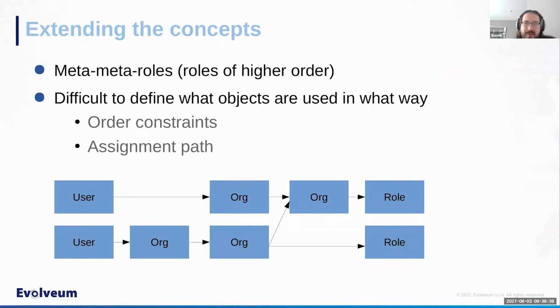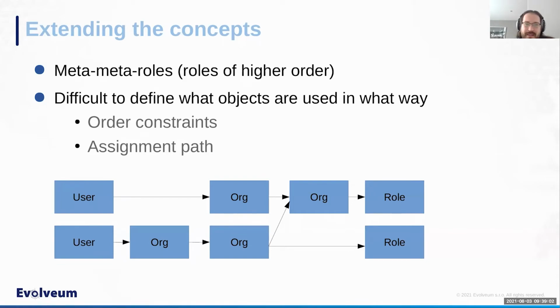And the only difficult part is to define what objects should be used in what way. We have some order constraints you can define, or for example, this can be used only for users which are on the second level of the assignment chain, or for all users anywhere in the chain.